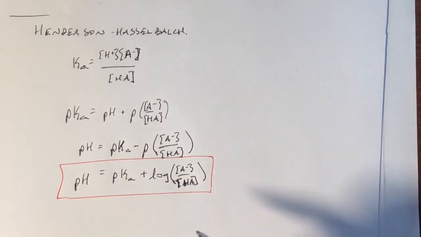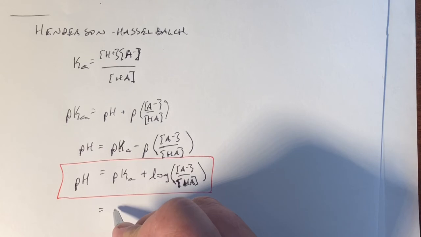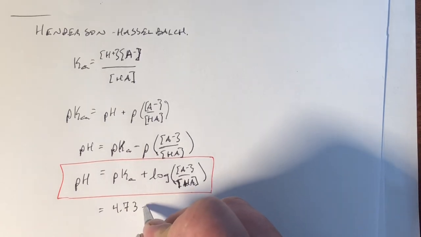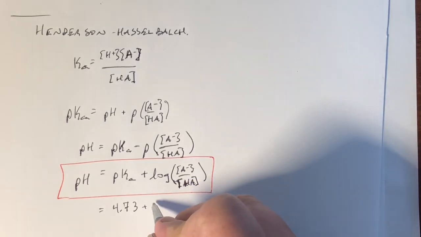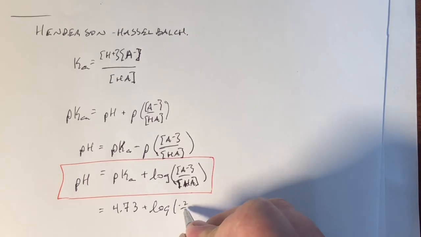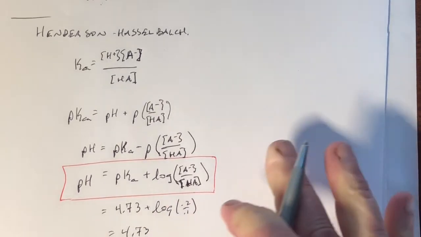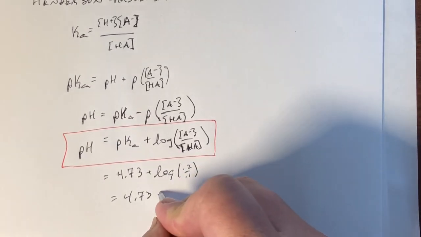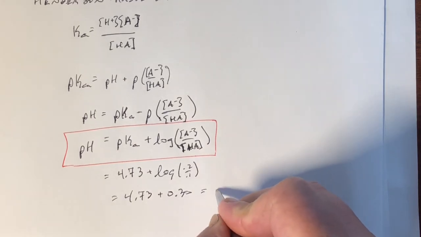So if I want to do that same calculation, I'd look up the tabulated value of the Ka. So I took the negative log of the 1.8 times 10 to the minus 5, I get 4.73. If I took the log of this ratio, and recognize that this is the log of 0.2 over 0.1, which is 2, I get the same.